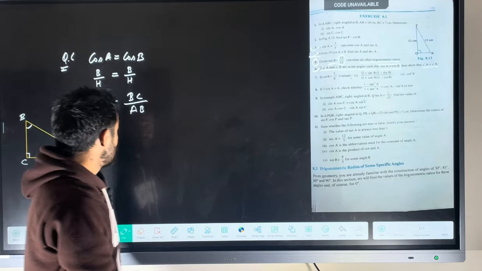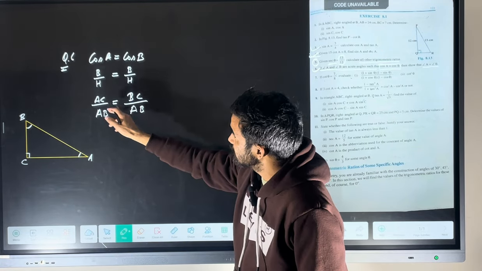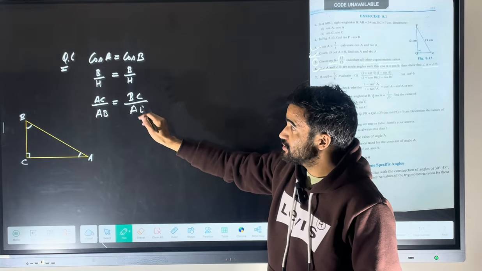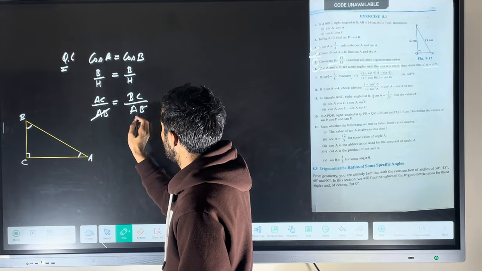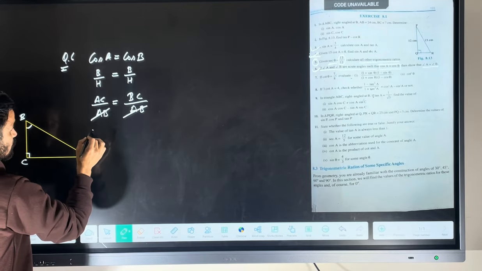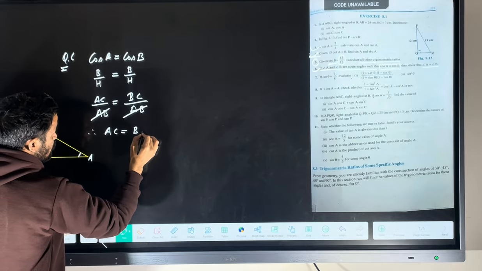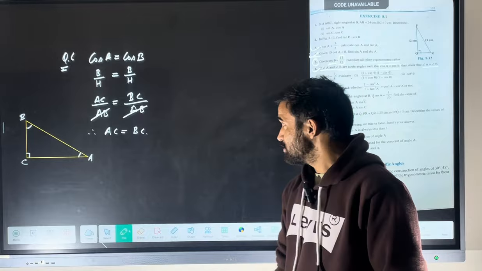Now AB will cancel each other, so we can say AC is equal to BC.